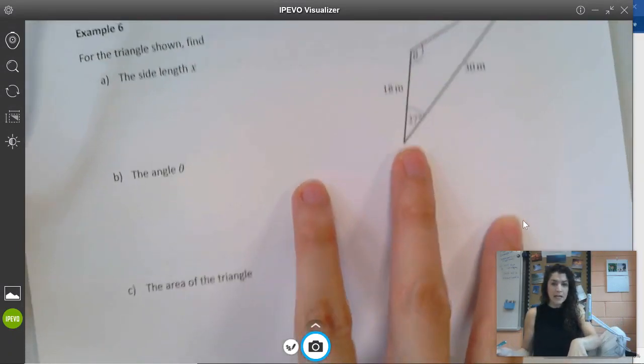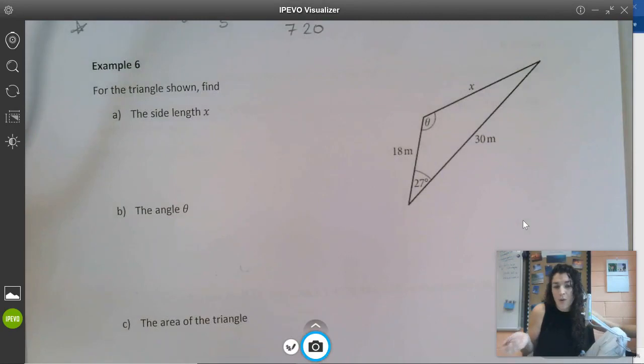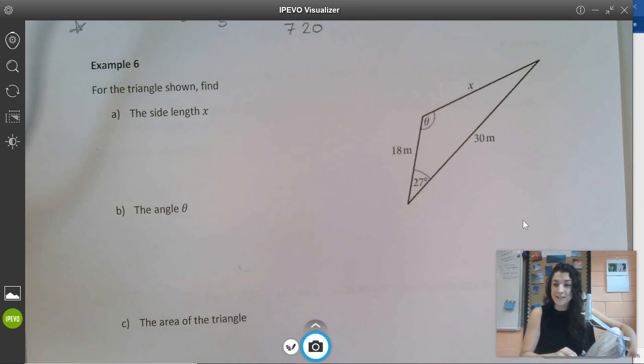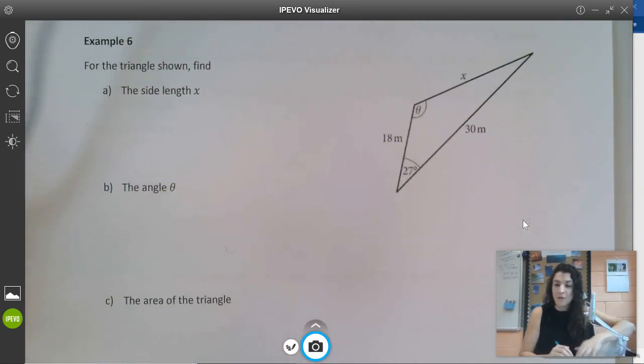But if you plug it in and you find that you have more than one variable when you go to solve, then you used the wrong one and then you try the other one. We only have two ways to solve for non-right triangles, law of sines and law of cosines. So if one doesn't work, then the other one should. And if they both don't work, then we're missing something and we need to go back and reassess. But that's part of the problem solving process: just try something, anything, and see if it works.